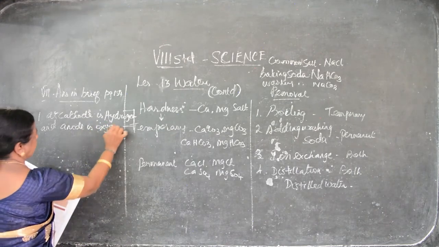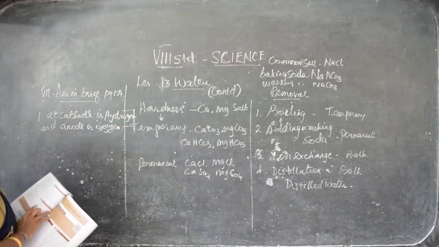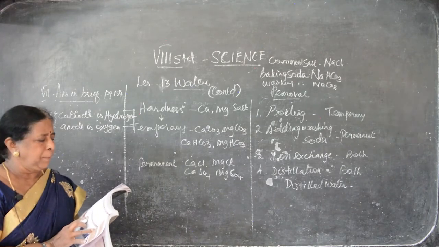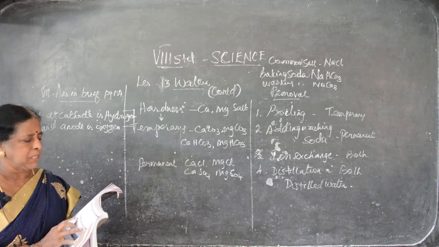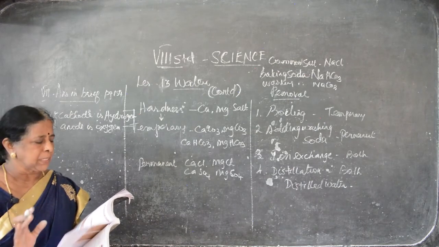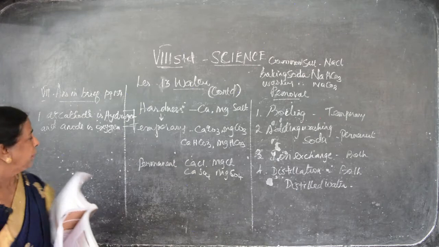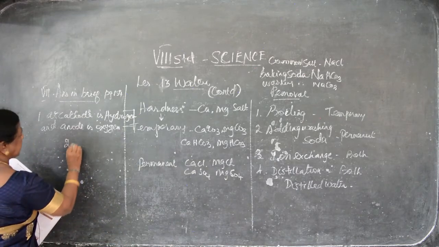Write in the question itself. You have to remove that name. The gas evolved at cathode is hydrogen and anode is oxygen. First question is over. Second one, state the ratio by volume. Write in book itself. The ratio of volume is 2:1.